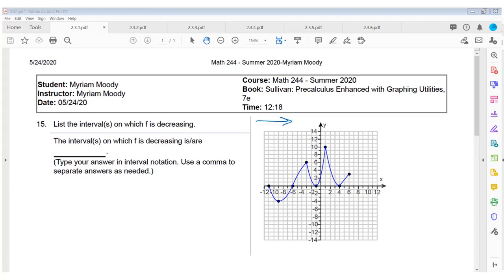Because you're always reading based on the x's, and you're always reading from the smallest x value to the largest x value. Okay? Okay, so give ourselves some space. I want to find increasing and where it's decreasing.